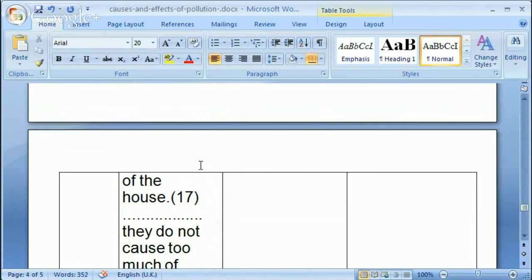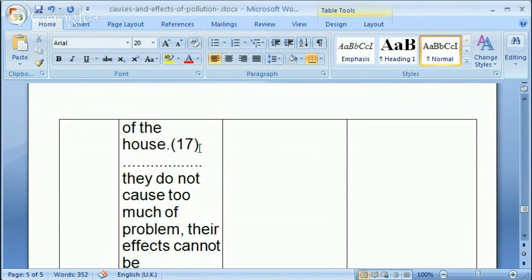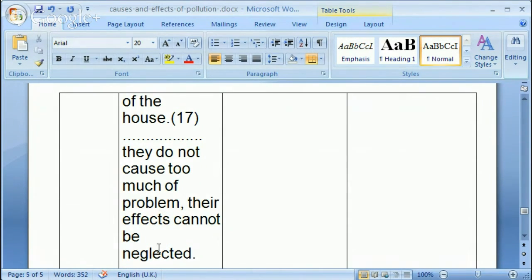Okay, so number 17, something, they do not cause too much of a problem. Their effects cannot be neglected. I have a sentence here and an introductory word with a contrasting point. So what works? Even though they do not cause too much of a problem, their effects cannot be neglected. I know this is an introductory subordinator because I have a comma breaking up two clauses.